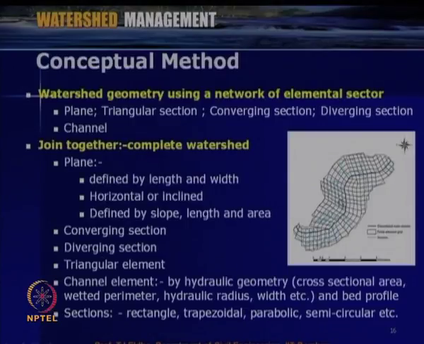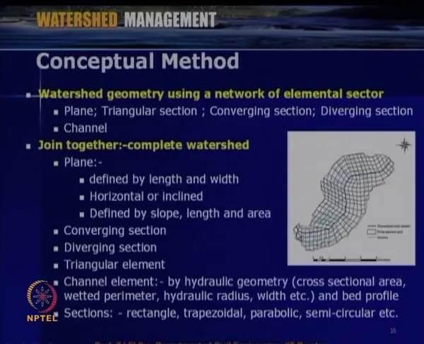Many times it will be better to use a triangular element, so that you can easily represent the irregular shape of the watershed. As far as the channel element is concerned, we will be considering hydraulic geometry like cross sectional area, wetted perimeter, hydraulic radius, width, etc.